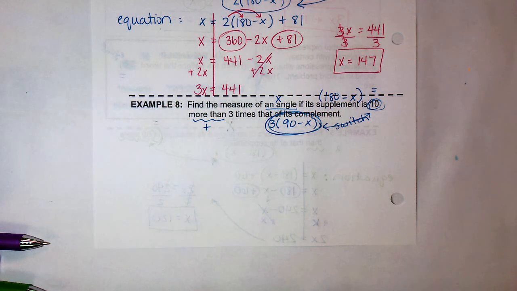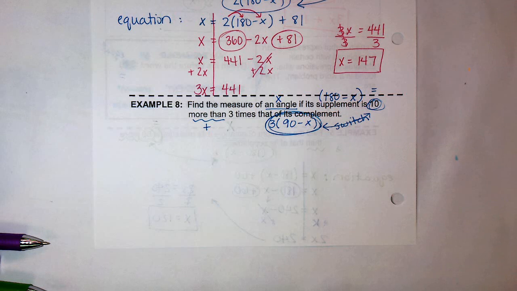Okay. Now, the only thing you have to remember is that it will not make sense, right? This was our curveball. There's a supplement on the left-hand side of the equals. So that means we have to get rid of the original angle, right? So when you have a supplement or a complement, it doesn't matter.